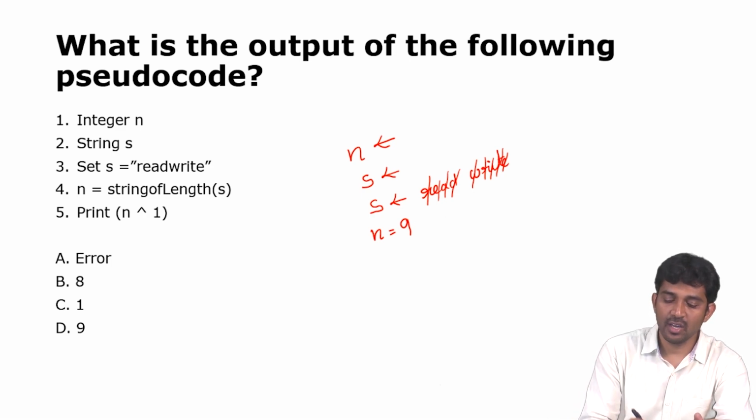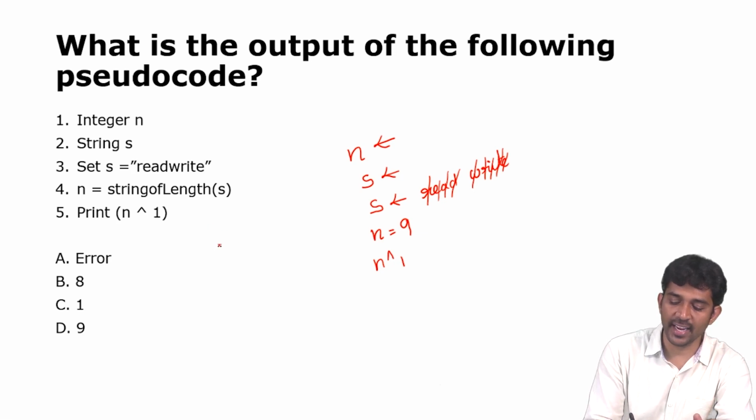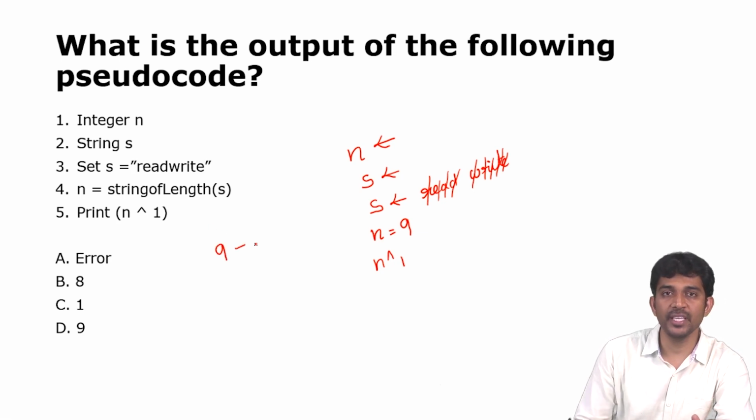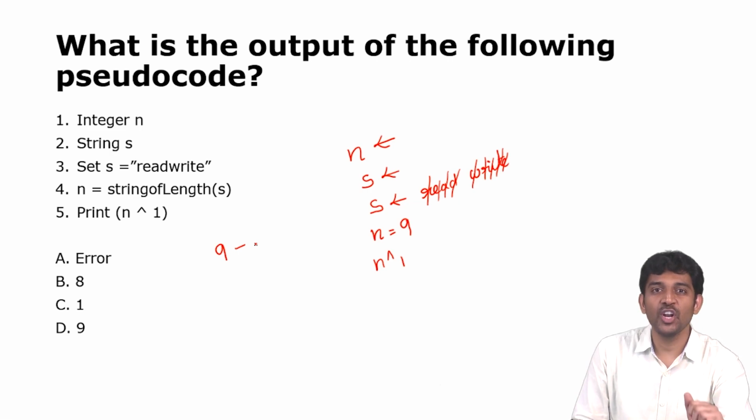The next thing, they are going to apply XOR of n and 1. What is the n value? The n value is 9. What is the binary value of 9?